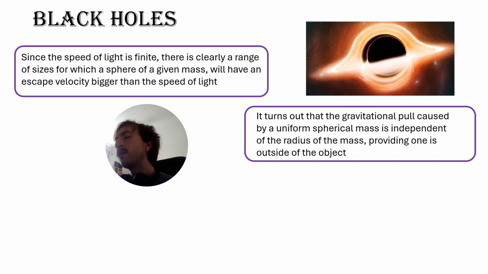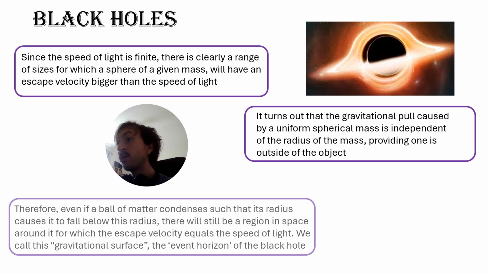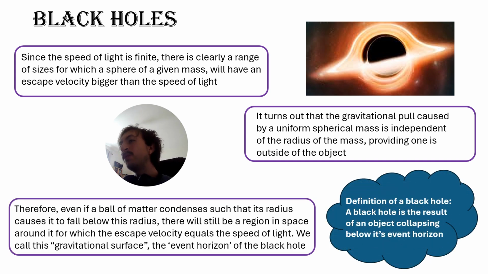So that way we can say, if an object keeps collapsing, it will inevitably end up producing a region in space where the escape velocity is the speed of light, even if there's no matter actually within this spherical shell of space, if you like. We call this region where the escape velocity is the speed of light the event horizon of a black hole.